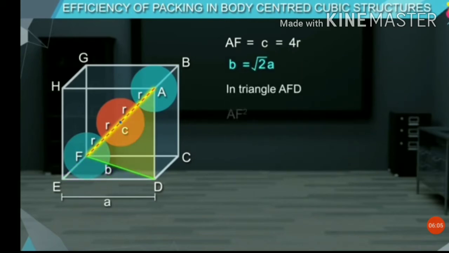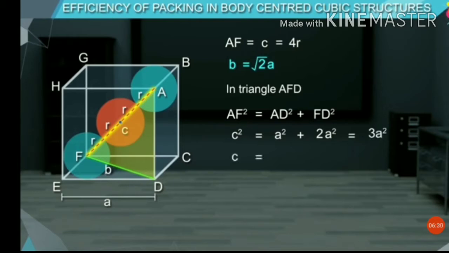In triangle AFD, AF square is equal to AD square plus FD square. Substitute the values, then c square is equal to a square plus b square. But we know that b square is equal to 2a square. So, c square is equal to 3a square.